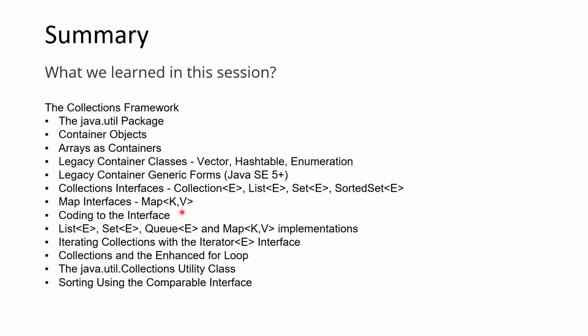We looked at map interfaces. We were coding to the interface. Again, we reviewed our list, sets, queues, and map implementations. We looked at iterating collections with an iterator. We looked at collections for the enhanced for loop, the java.util Collections utility class, and sorting using the comparable interface.